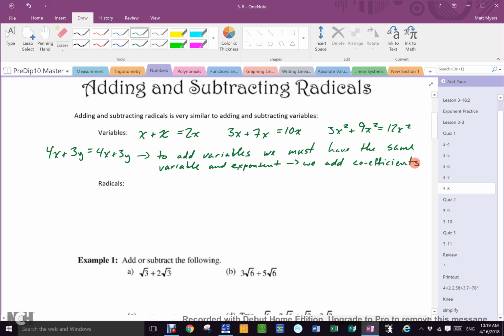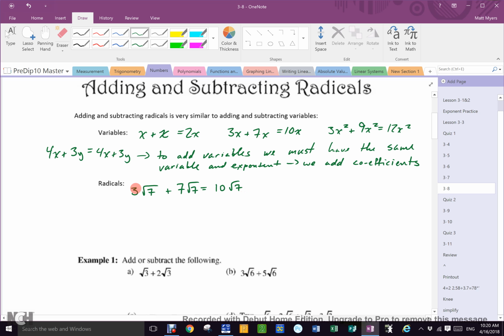So, if that is our basis for understanding how to add radicals, let's see if you can figure it out. What is 3 root 7s plus 7 root 7s? 10 root 7s. Nicely done. Why?